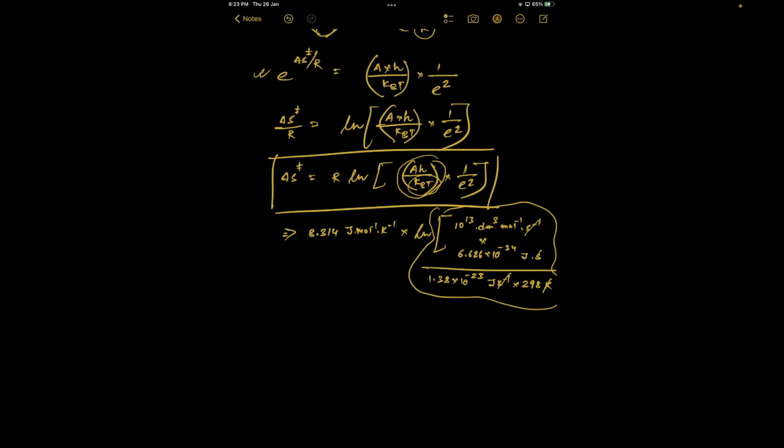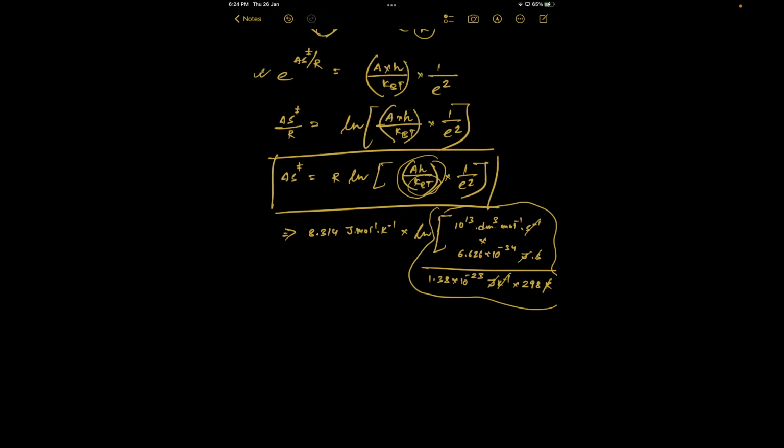Now at standard condition, the standard concentration is actually 1 mole dm to the power minus 3. So if you divide, it will cancel. The joule and joule will also cancel. So the whole thing inside the ln will be unitless.